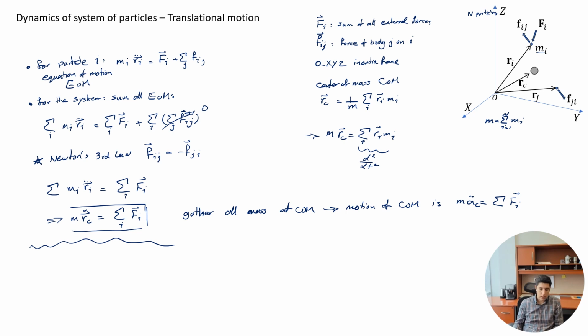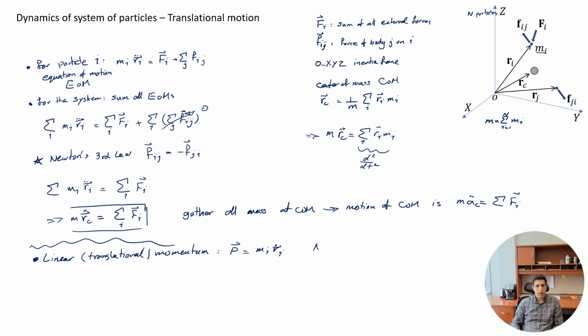And let's also take a look at momentum, so linear momentum or translational momentum. It is usually defined with P. P is defined as the mass of a particle times the velocity of a particle, mi r dot i.